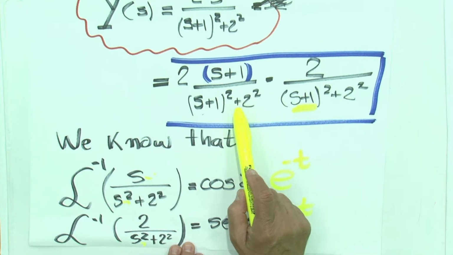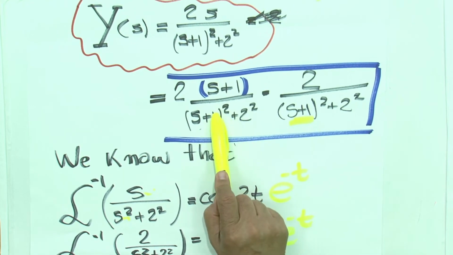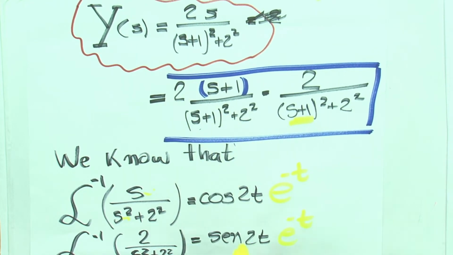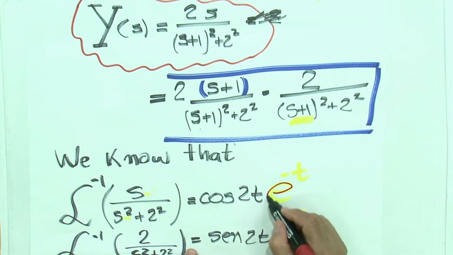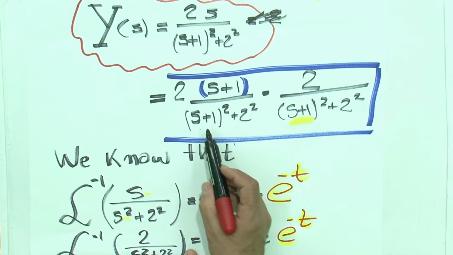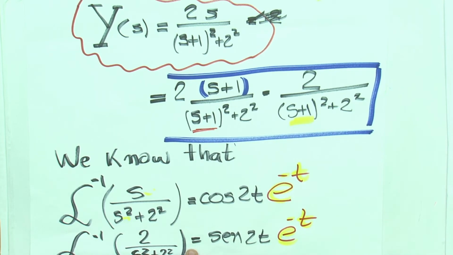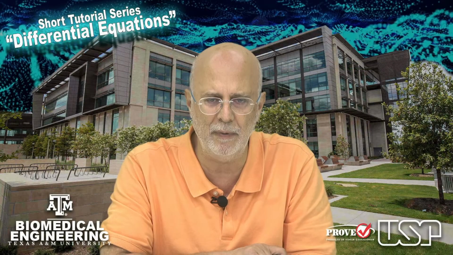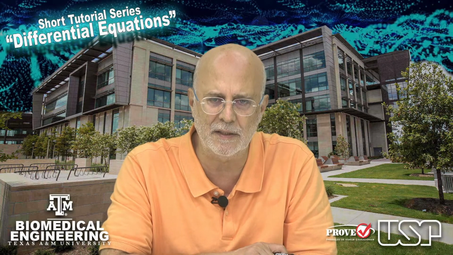So the inverse Laplace transform of this is 2 times exponential of minus t cosine of 2t. So this is the exponential minus t, because the exponential causes the displacement of s by 1 unit, as we verified in the last lecture.